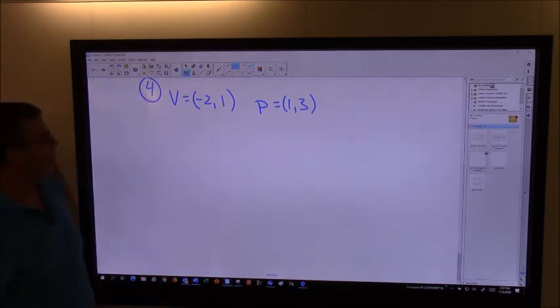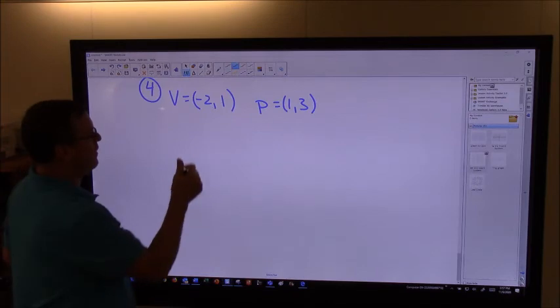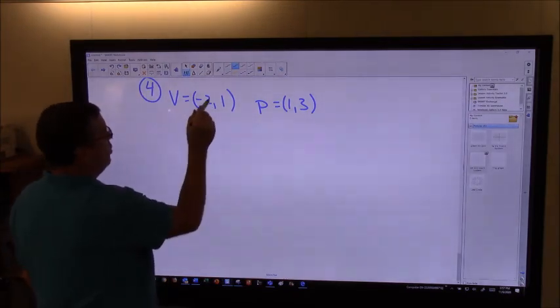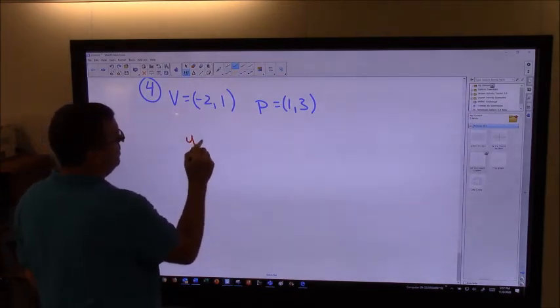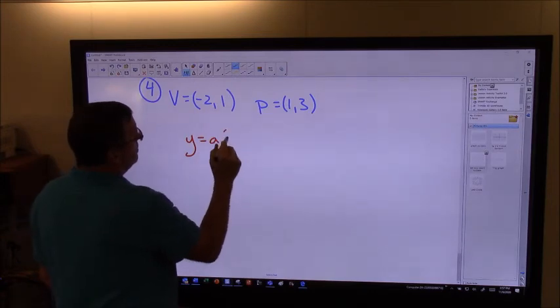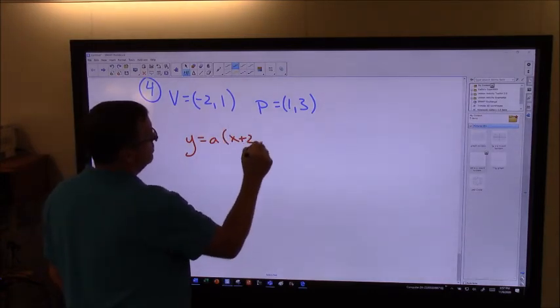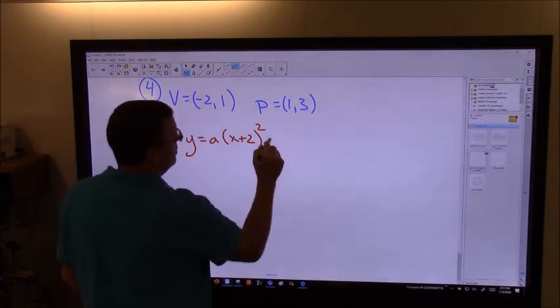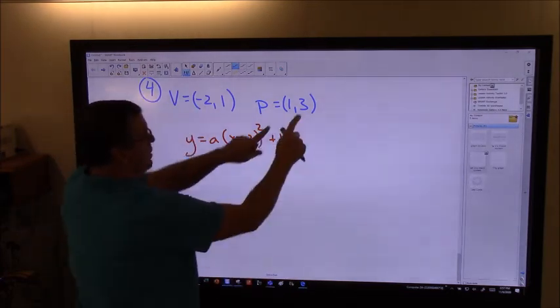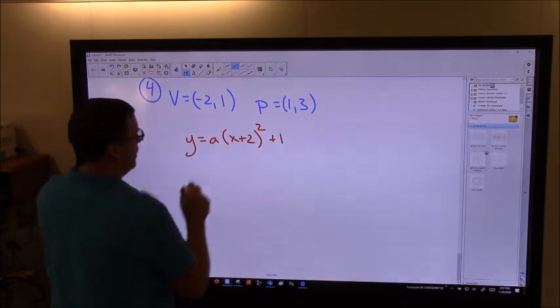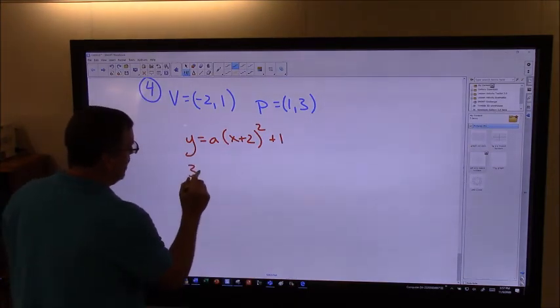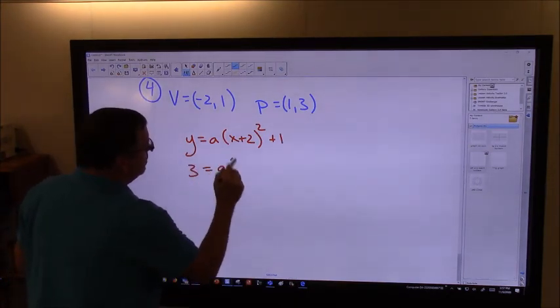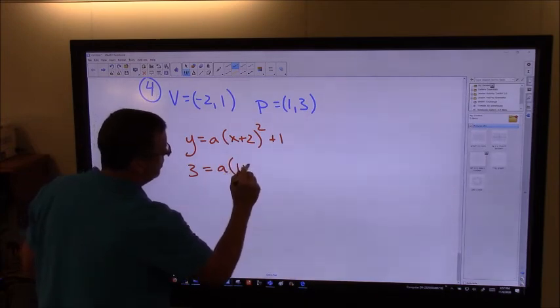All right, so I'll try to make this one go a little faster. If I know where the vertex is, I've got y equals a times x plus 2 squared. Remember, I got to do the opposite of this to get to here. Plus 1. And then I'm going to take 1, 3 and plug it in here. So my y value will be 3. I've got a 1 right here.